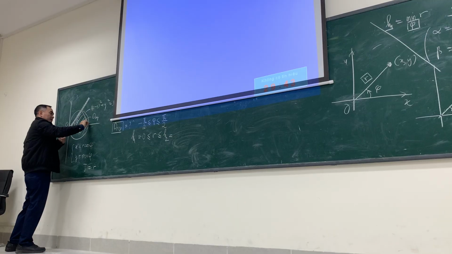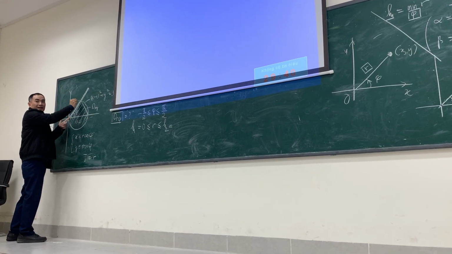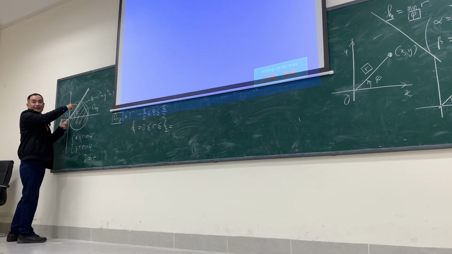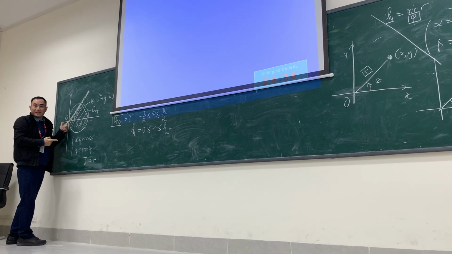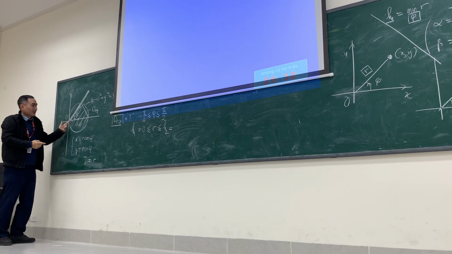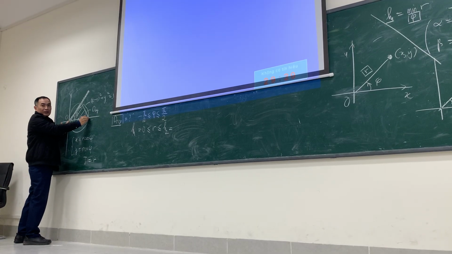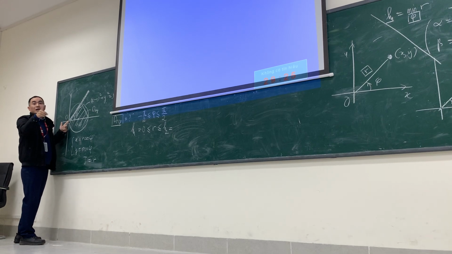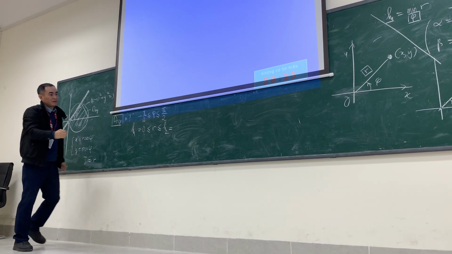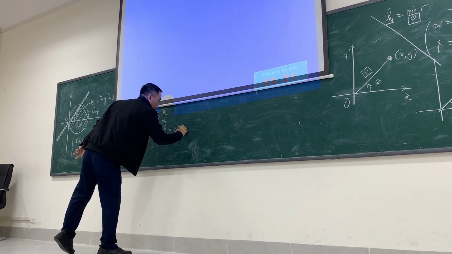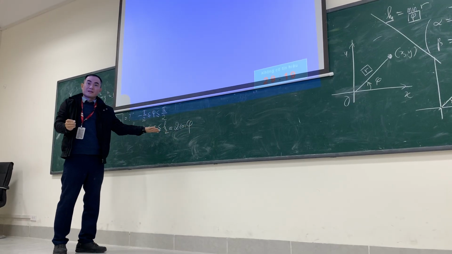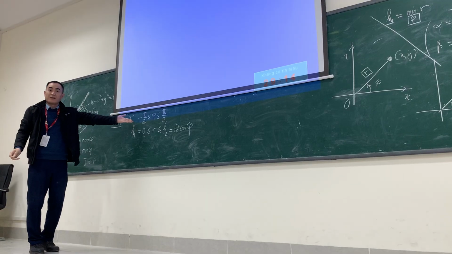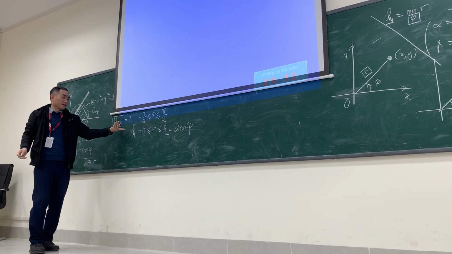Now, let's see the triangle. The triangle has a 90 degree angle. We have this side 2. The value here is equal to cosine phi.